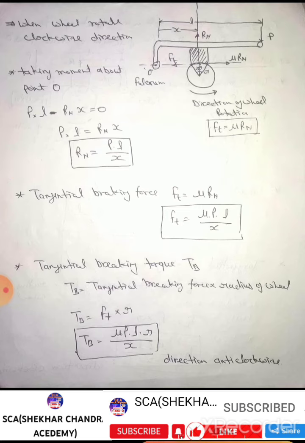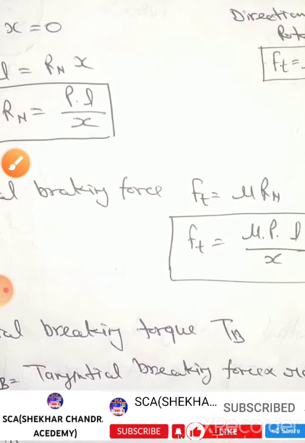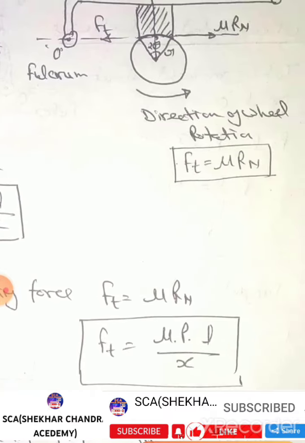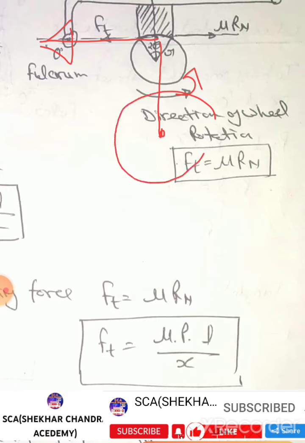Now here the direction is anti-clockwise. That is very important. Please see in the figure. Ft is the left side force and R is here, and this is the center of wheel and this is the wheel.